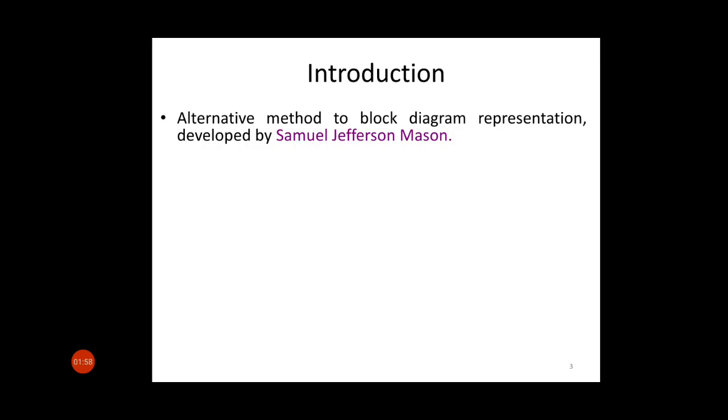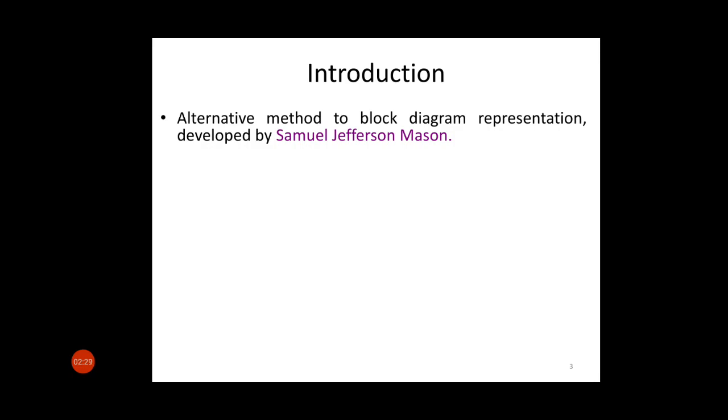This elimination is achieved by representing the variables by points called nodes, and the transfer function is termed as transmittance, which is represented by a line called branch. A signal on the branch travels in the direction of an arrow indicated on the branch.